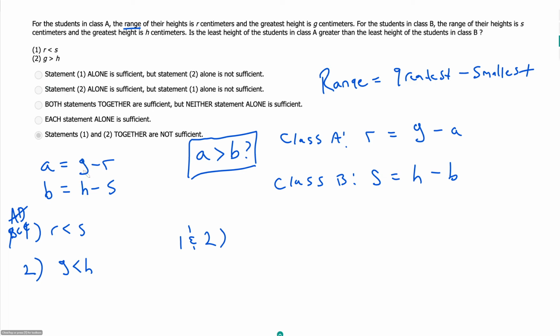And then from that greater value, we subtract a smaller number, right? Because r is less than s. So if we are subtracting a smaller number from a greater number, by definition, that means a must be greater than b. And together, these statements are sufficient to say yes to our question. C is the answer.